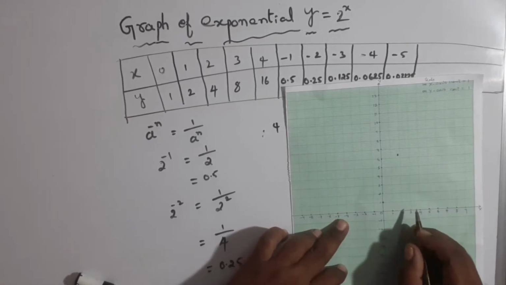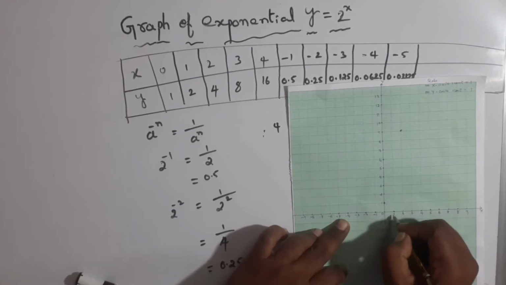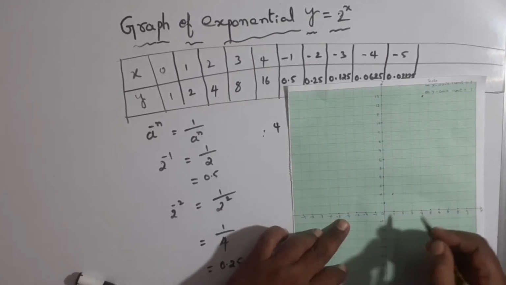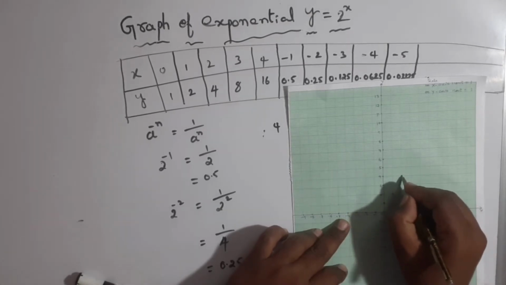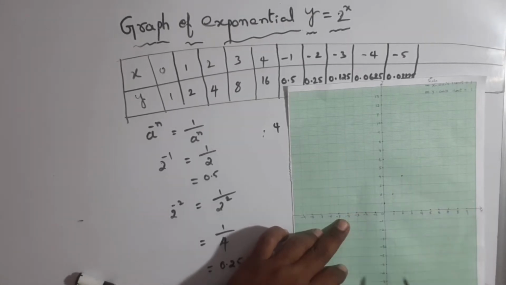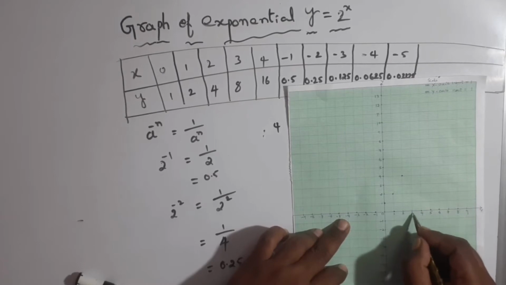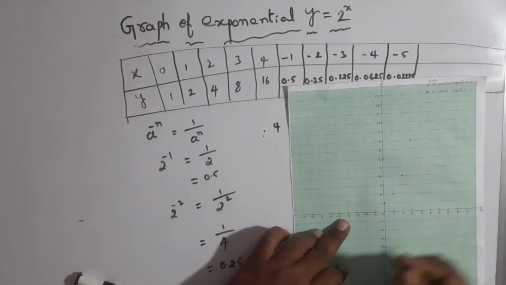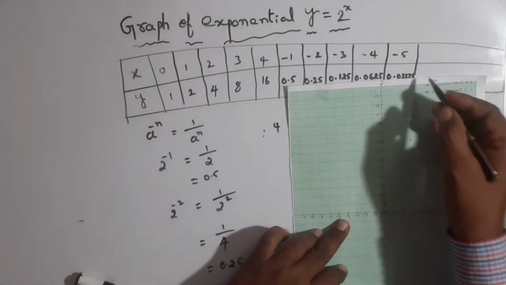What about 1 and 2? When x equals 1, y equals 2. When x equals 2, y equals 4. When x equals 3, y equals 8 itself. When x equals 4, y equals 16.